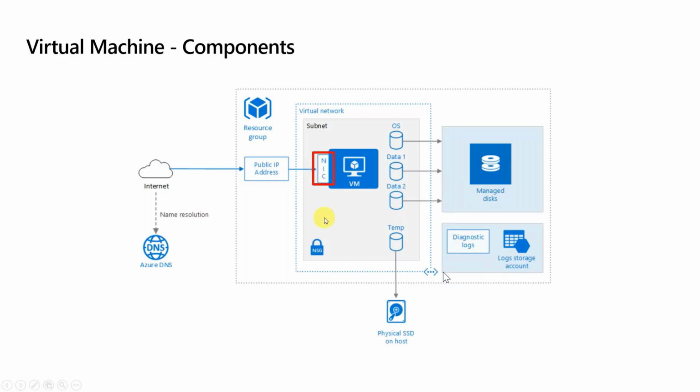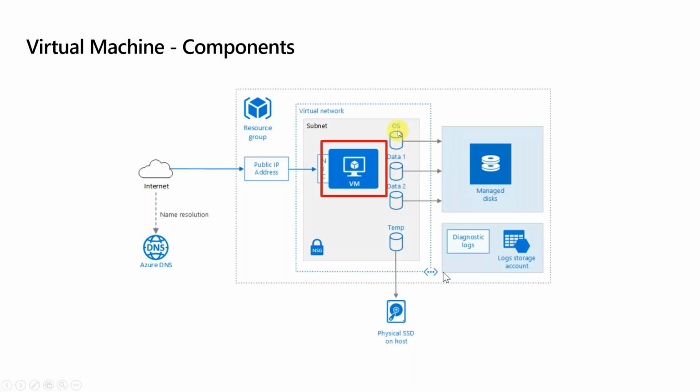Okay. And next one is diagnostics, basically to push all the logs, right? Basically you need to work with a storage account. This is optional. And of course the virtual machine. Okay, last I missed data disks, right? So you can see here there are disks.